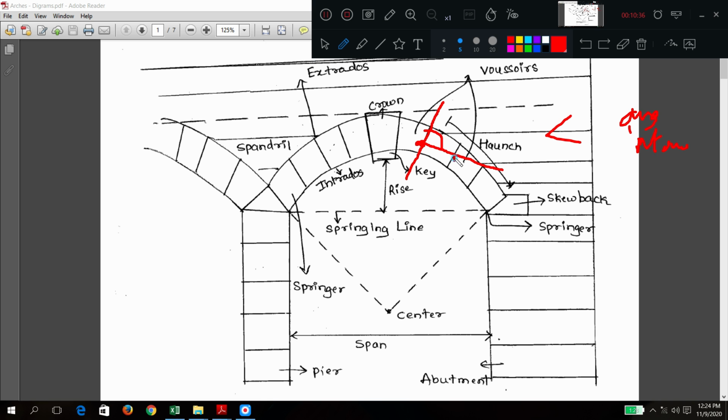That angle I cannot draw here, as it is a material property. At that time sliding will not take place.